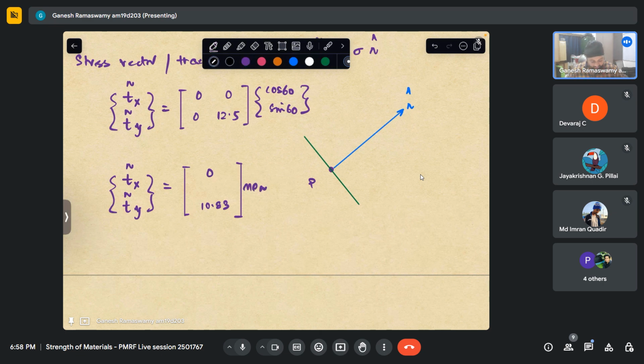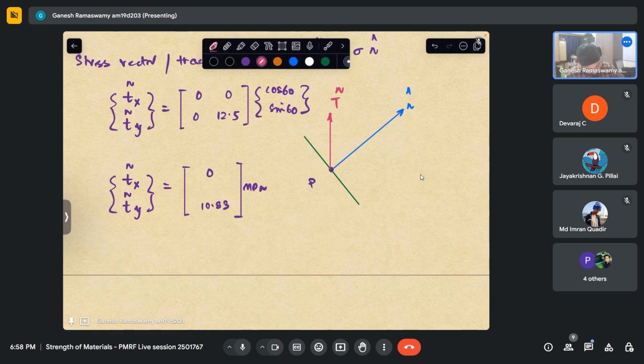Along x it is 0, along y it is 10.83, which means the traction vector is something like that. This is the traction vector or the stress vector which has a magnitude of 10.83.